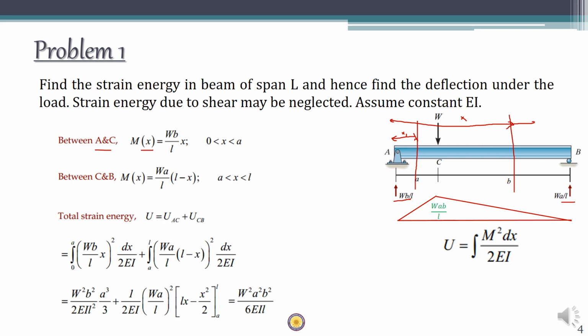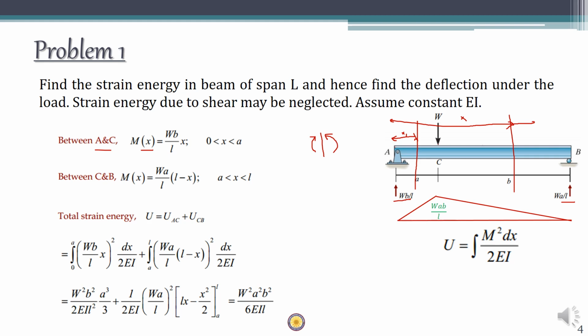We again use the usual bending moment sign convention, where on the left, clockwise moment is taken as positive. So we have clockwise WB by L into x as moment. So Mx is WB by L into x for the section AC, and x varies from 0 to A.